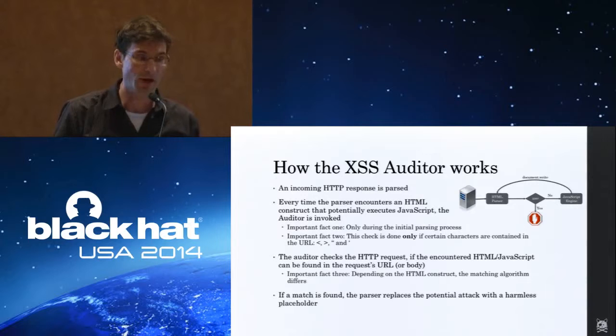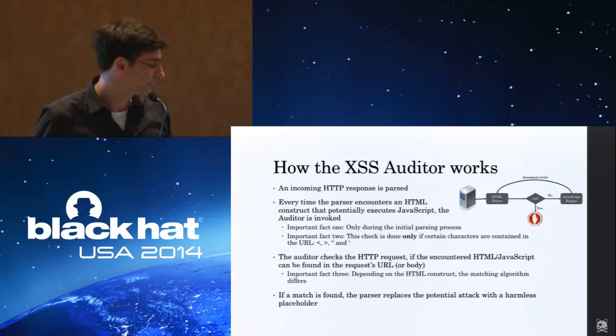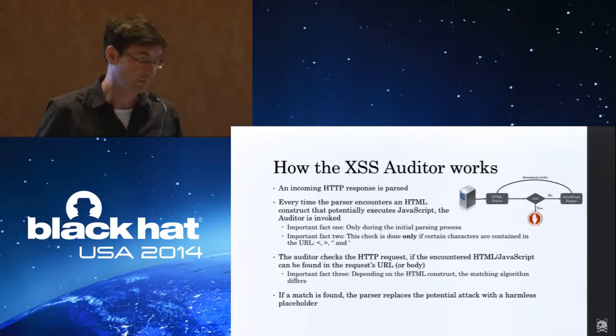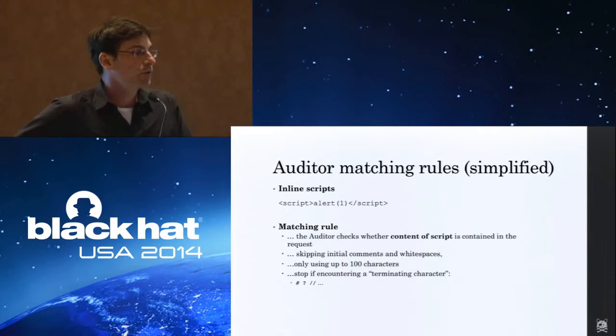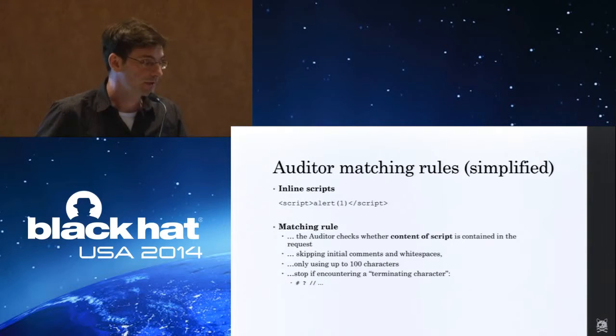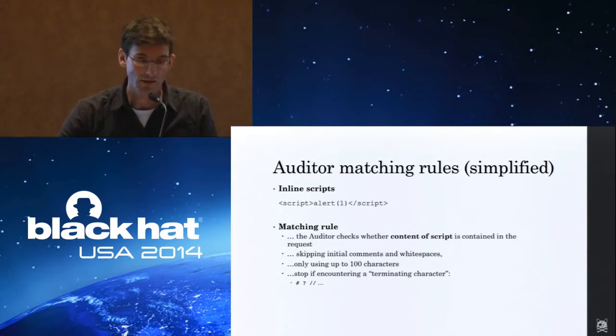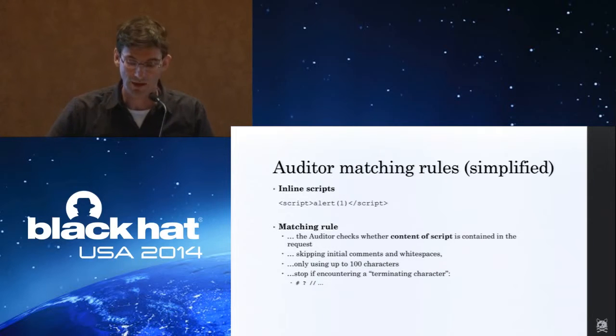So the JavaScript parser itself never sees the injected JavaScript, which worked because, as you saw, Ben's initial exploit didn't go through. So it's a capable tool. So let's quickly go over 3 slides on the matching rules, because as I told you, they differ for the various JavaScript contexts, and they're also the basis for some of the bypasses.